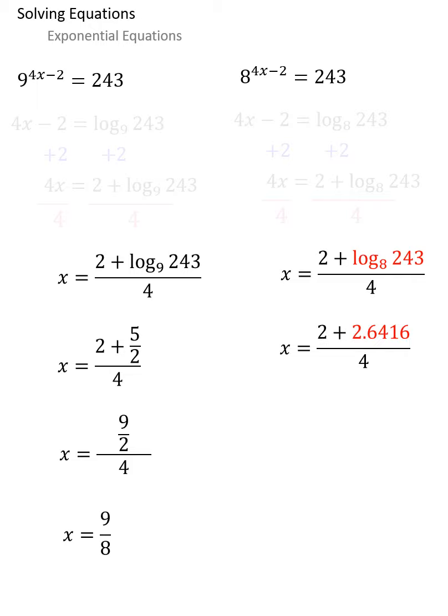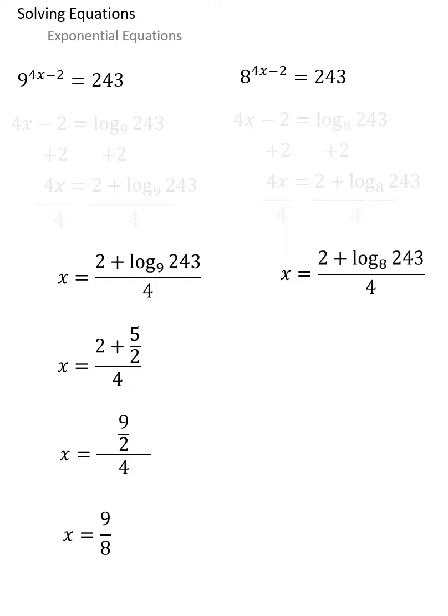Now, if I wanted to, I could use a calculator to get a decimal approximation for that logarithm. I could then use that decimal approximation to continue to simplify the problem and get a decimal approximation answer for x. And while there's nothing wrong with that, that's not the typical thing to do in most algebra classes. In most algebra classes, we don't use calculators. And therefore, none of that work is particularly relevant here.